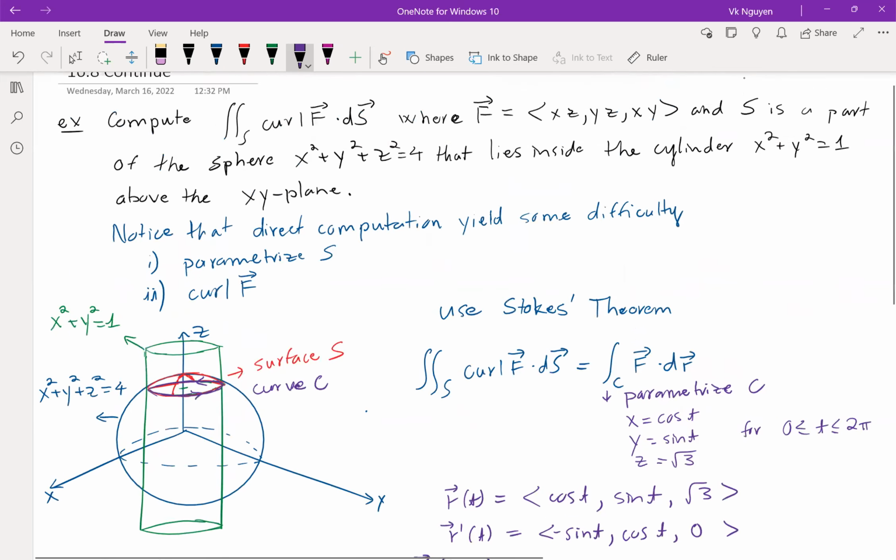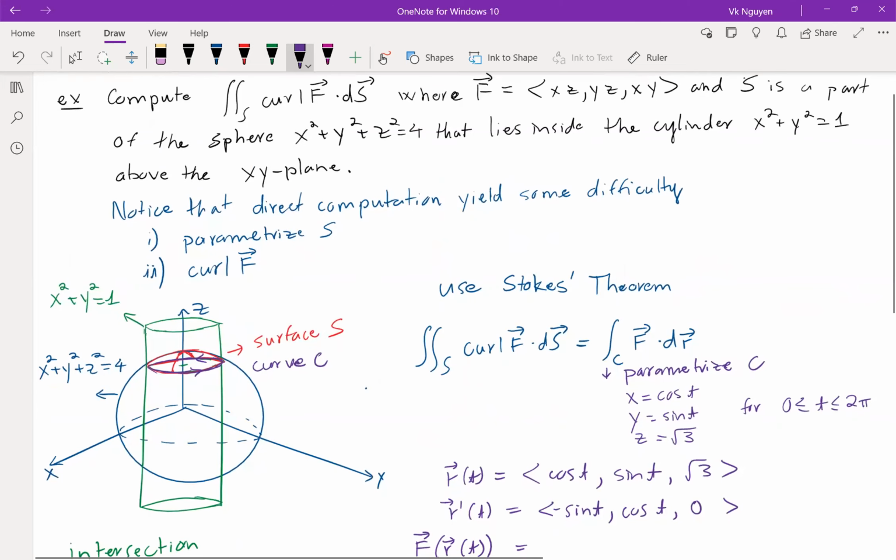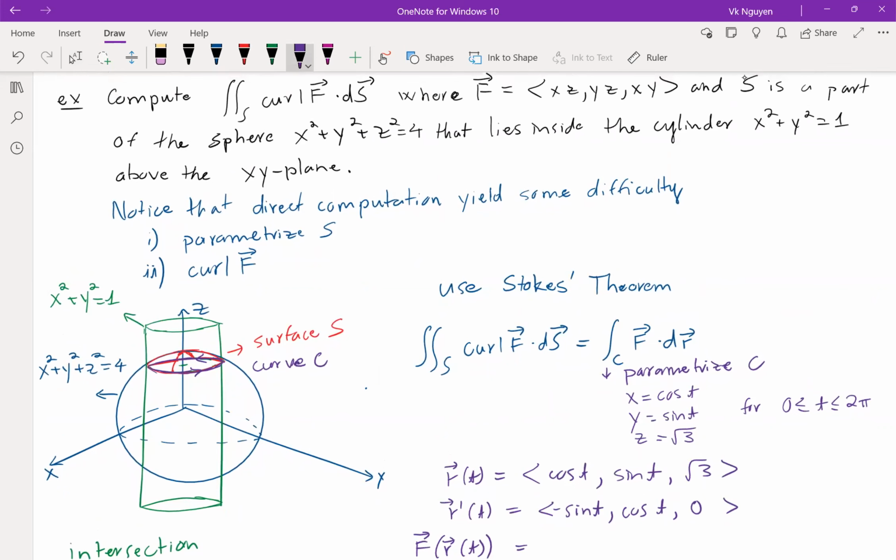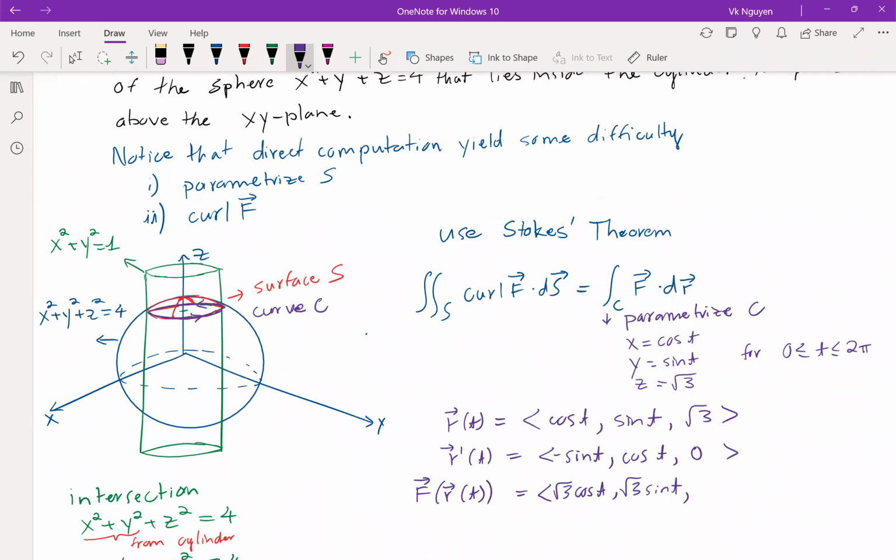The vector field F is xz, yz, xy. So xz is root 3 cosine t, yz is root 3 sine t, and then xy is cosine t sine t.